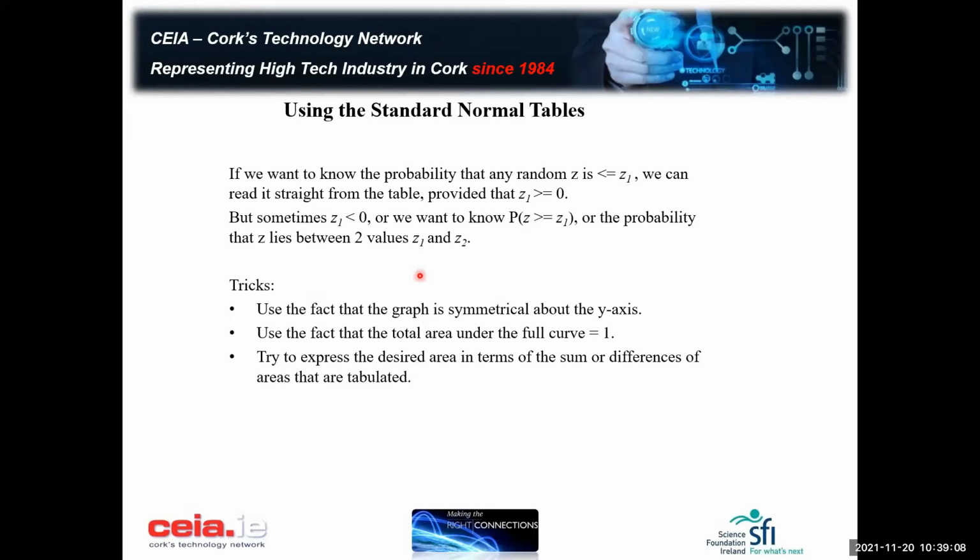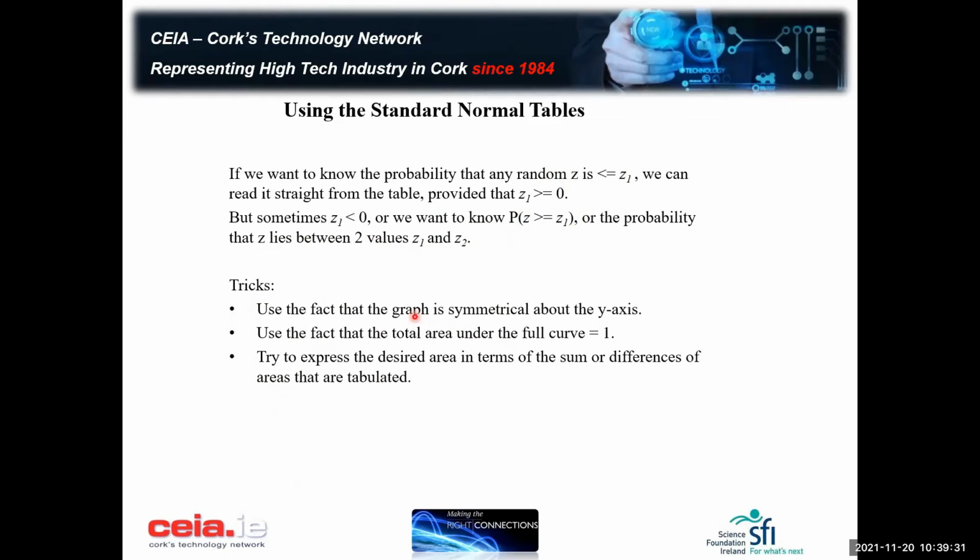Another thing is, as well as getting a negative z1, you might want to find the probability that z lies between two values, and you can't read that directly from the table. So you need to use some tricks for working with the table, and I've listed these tricks here.